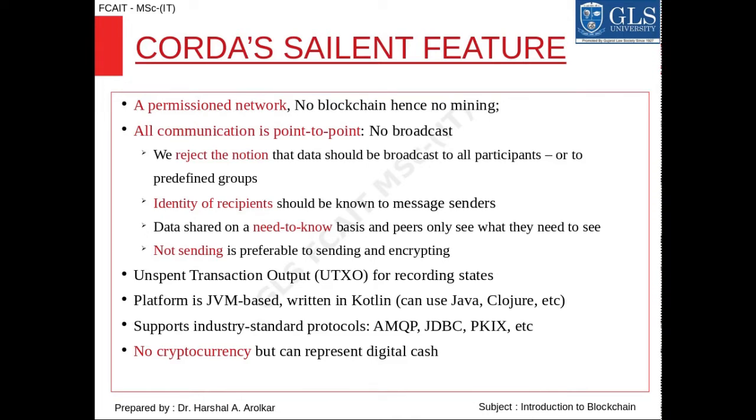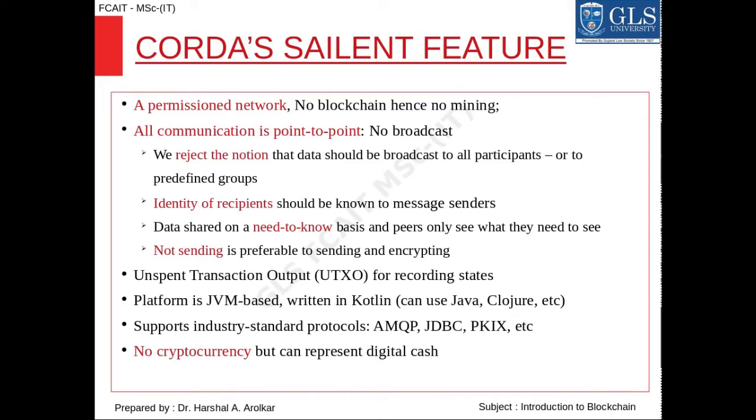As you can see here, we reject the notion that data should be broadcast to all the participants or to any predefined groups. We have to share the data only between the known entities, and that is the reason why the identity of the recipients becomes very important, as to send a message, the sender needs to know the identity of the recipient. Data is shared on a need-to-know basis and only between the peers, so only they can see it and not everybody.